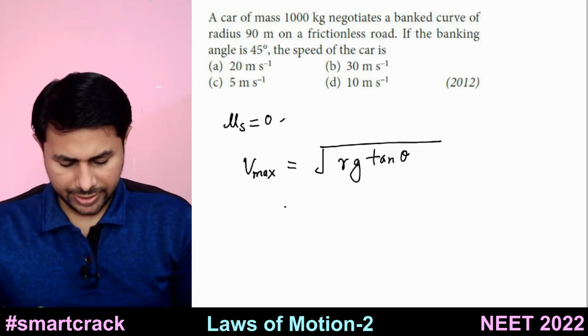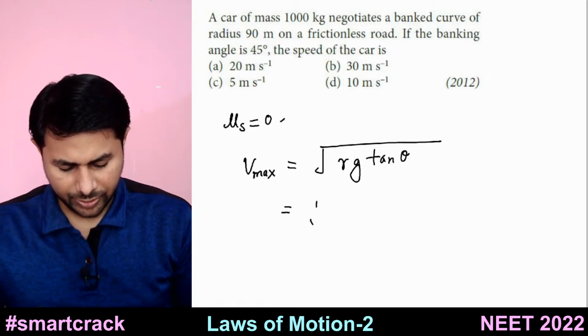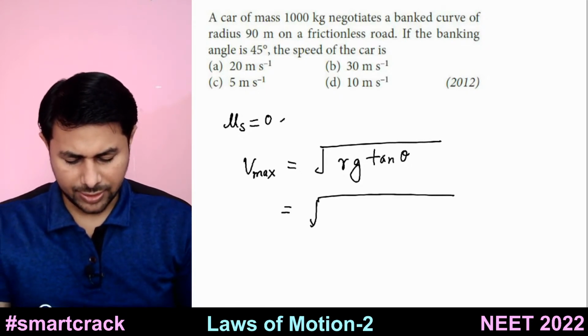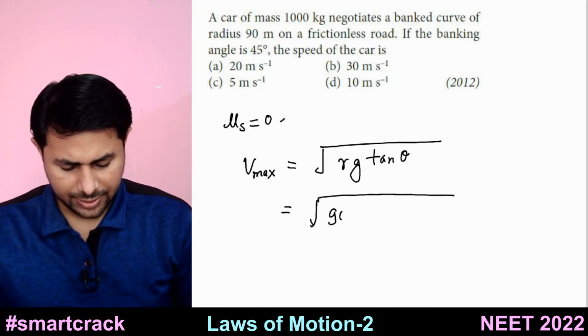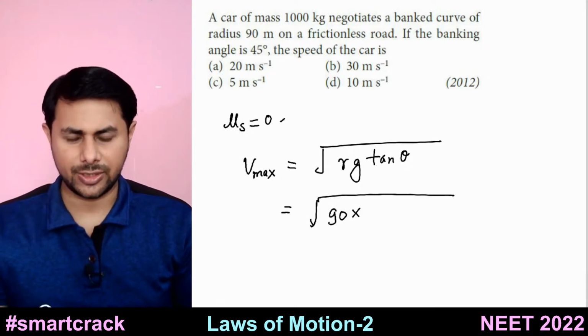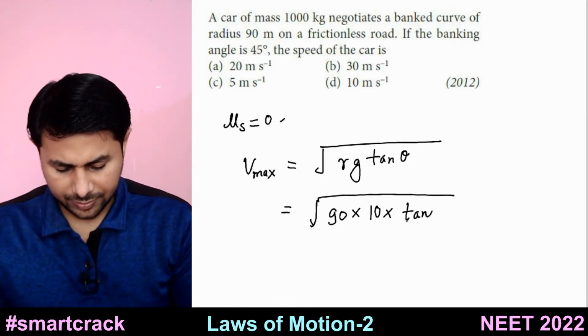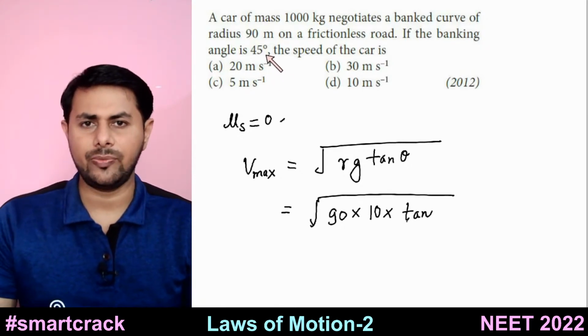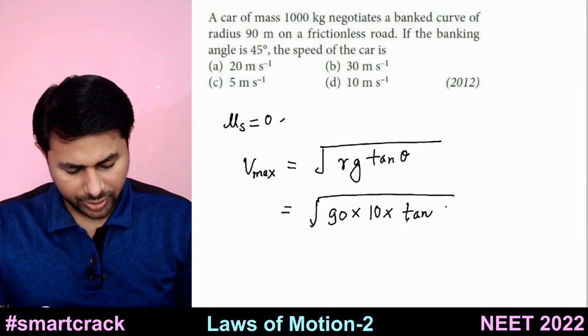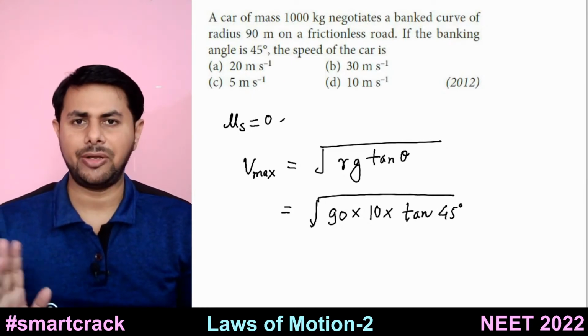So let's substitute the values. This is a straightforward question. R is equal to 90, g equals, let's suppose, 10, and theta is given to be 45 degrees, so it is tan of 45 degrees, and tan 45 is 1.